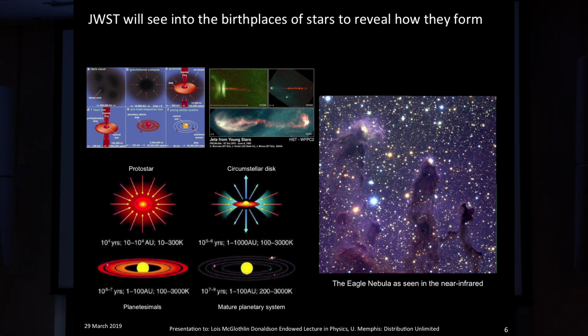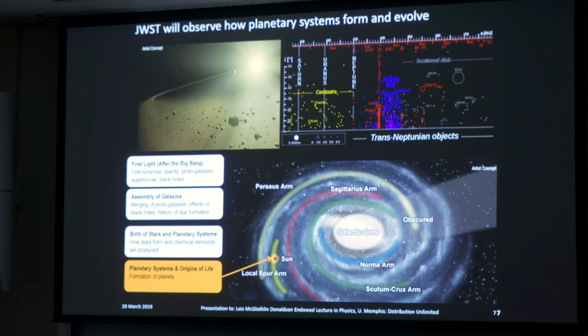Now, this is an artist's rendition of the debris disk around our own star, the Sun. This is material left over from the formation of our solar system. This is an artist's rendition, and this is an actual map of where that debris is, to the extent that we understand it.